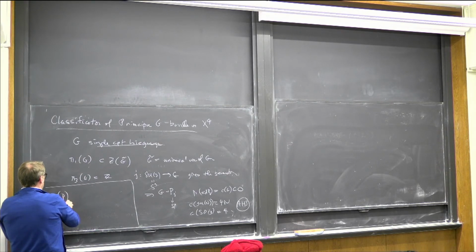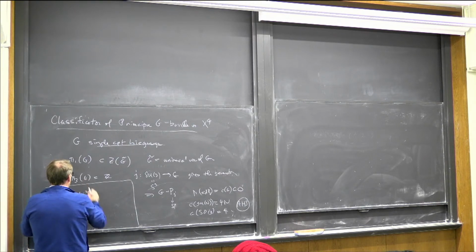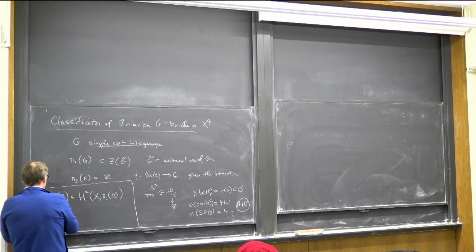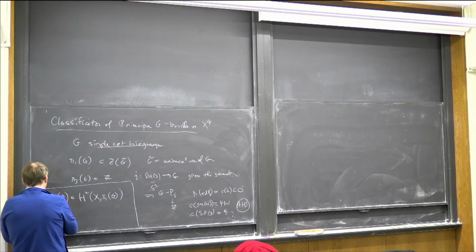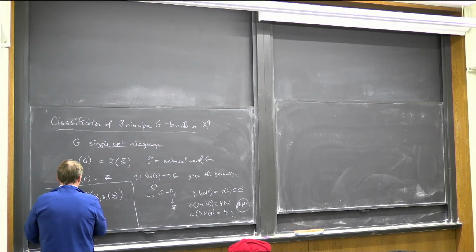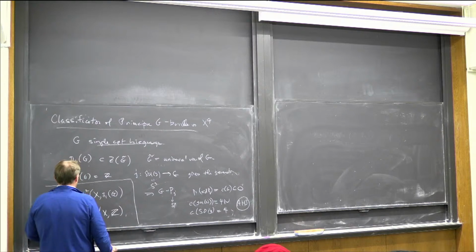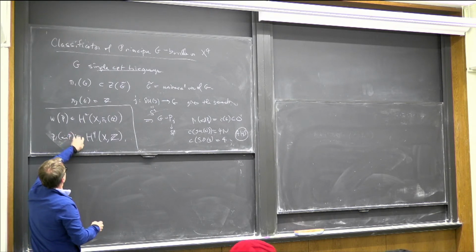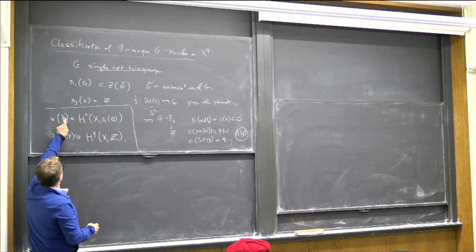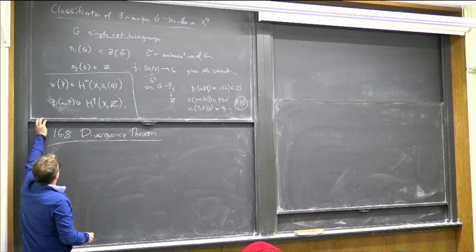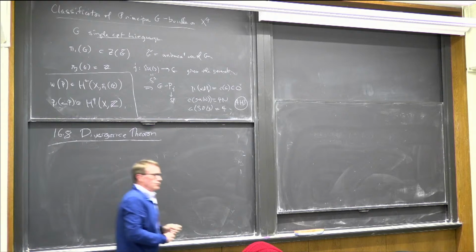There's going to be a characteristic class W of P, which is in H2 of X with coefficients in pi1 of G. And then there's the Pontryagin class of the adjoint bundle in H4 of X, Z. But this might satisfy some divisibility properties, and those divisibility properties will be constrained by W. Okay, I'm not going to say exactly what they are, but we'll use the divergence theorem to prove that.